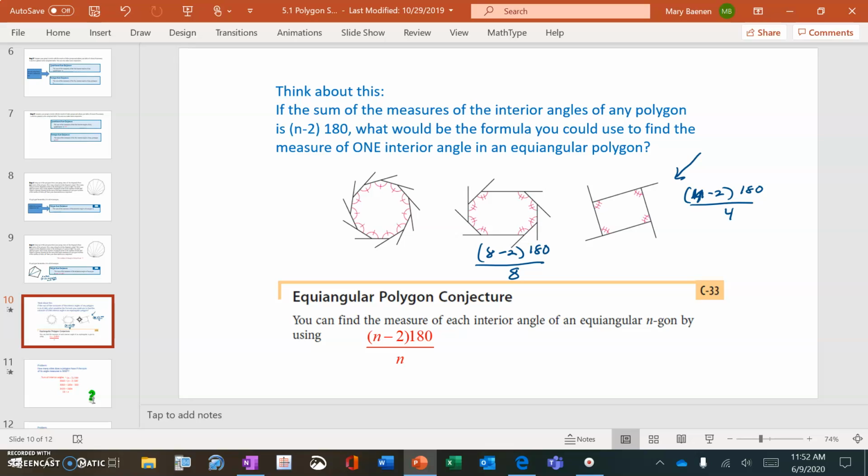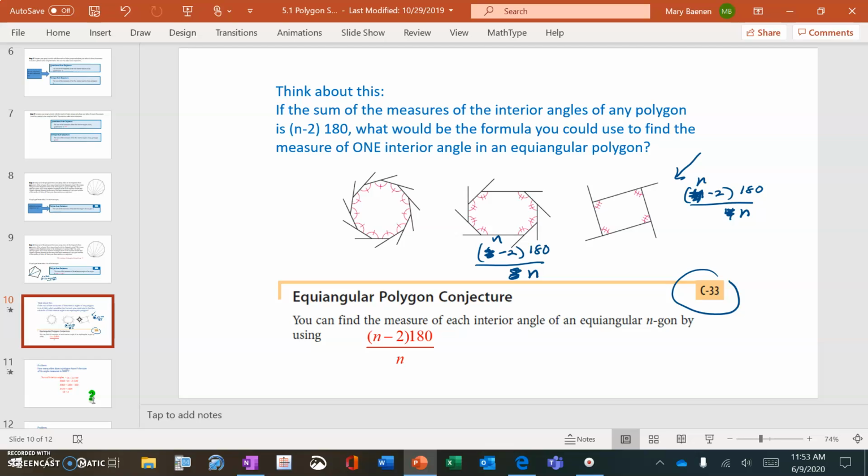So if I go back and change this 4 to an n, and this 4 to an n, and this 8 to an n, and this 8 to an n, I think I have the formula. You can find the measure of each interior angle of an equiangular n-gon by using n minus 2 times 180 over n. So that is conjecture number 33.